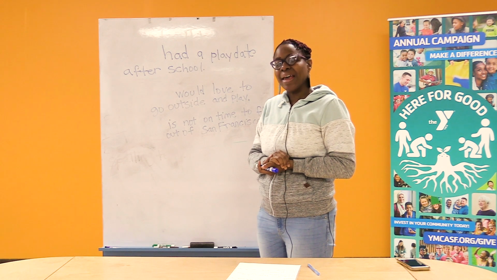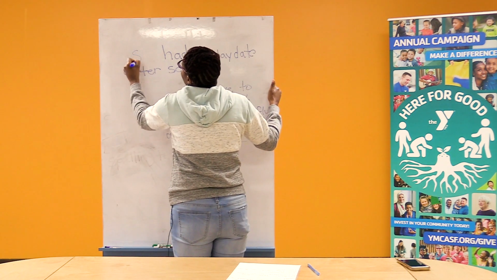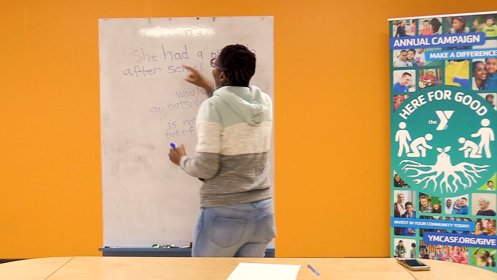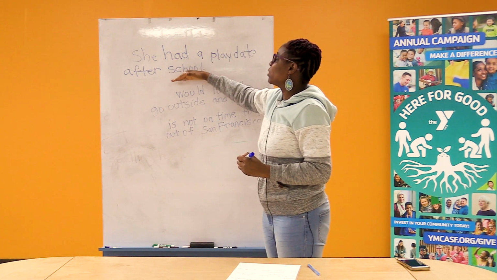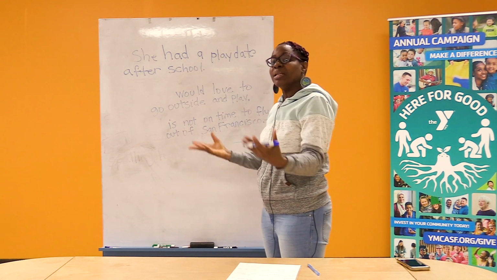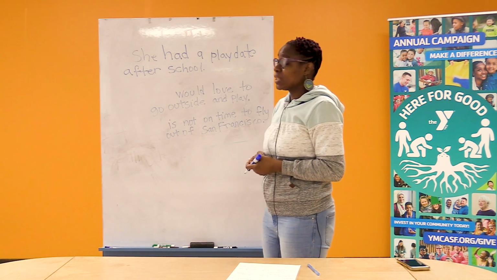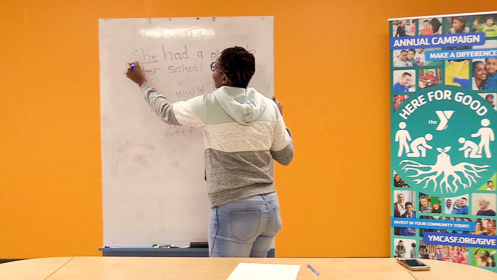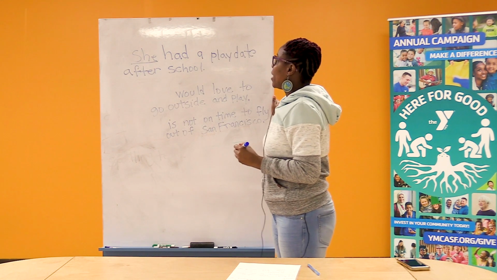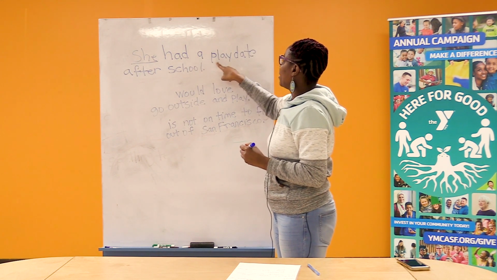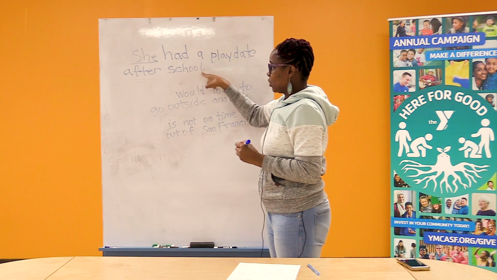But if I say she had a play date after school, now I have a complete sentence and a complete thought. My subject matter, of course, is she. And my predicate matter is had a play date after school.